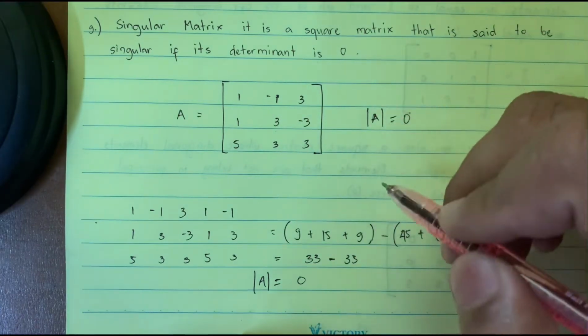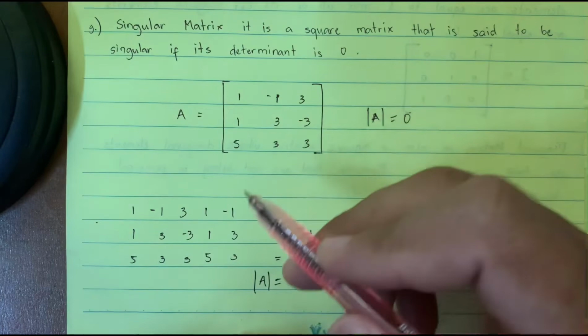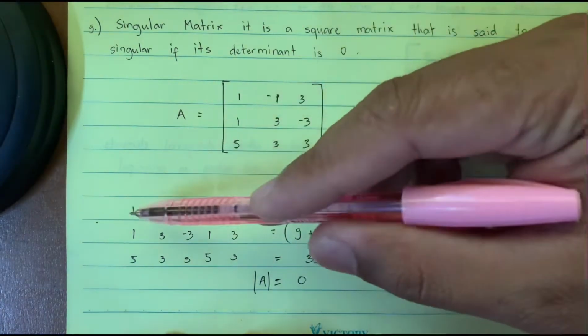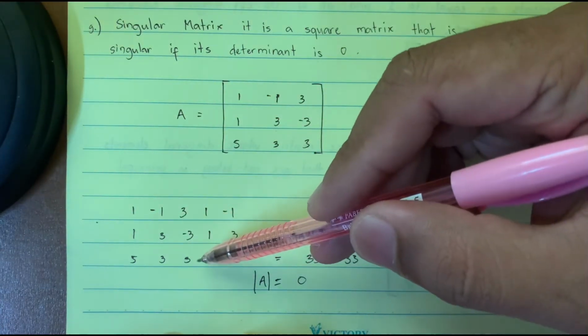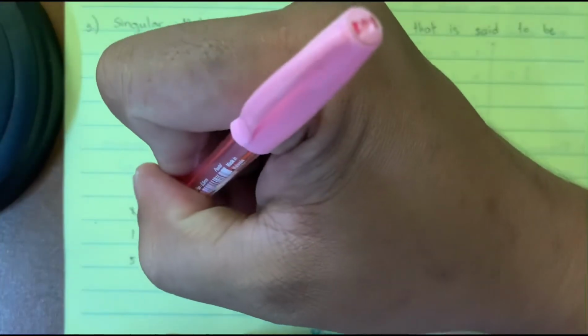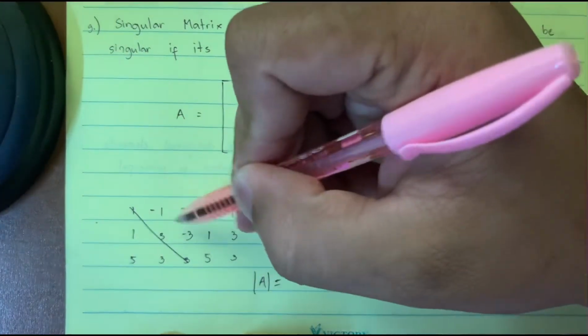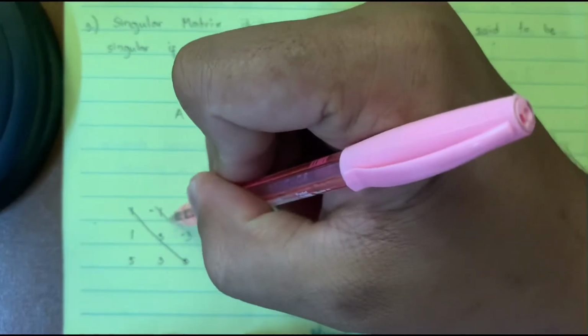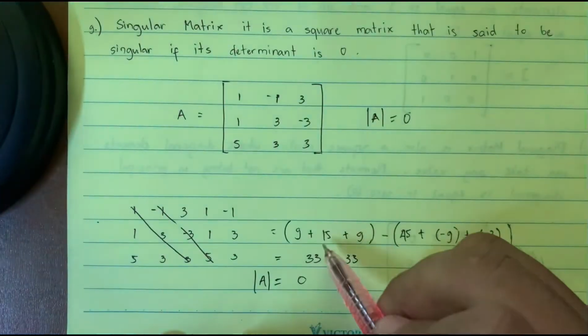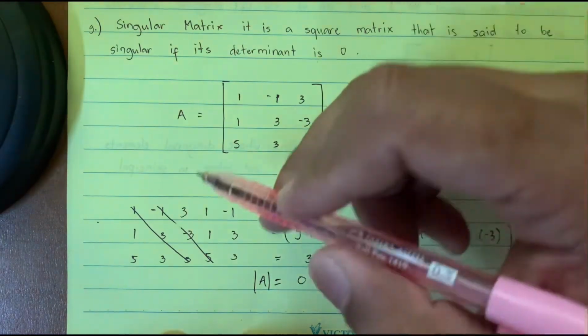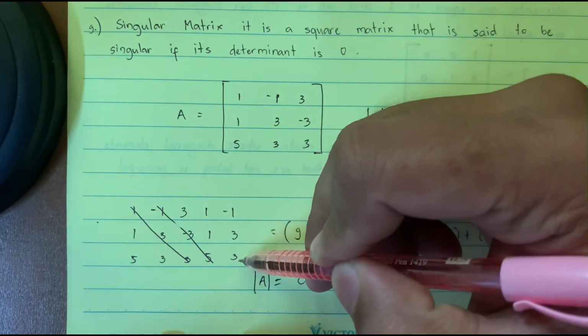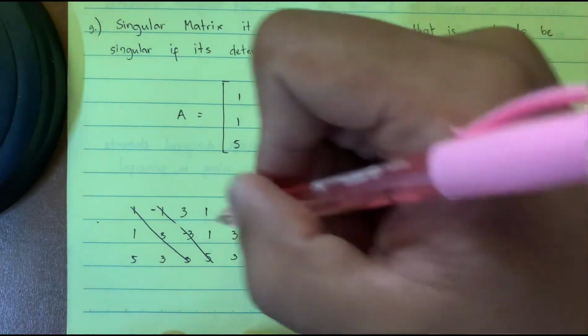Kunin natin yung determinant niya by using the basket weave method. 1 times 3 times 3 is equal to 9. Negative 1 times 3 times 5 is equal to negative 15. 3 times 1 times 3 is equal to 9.